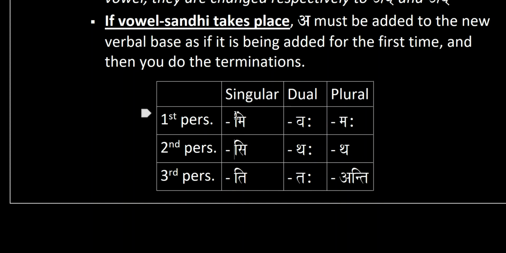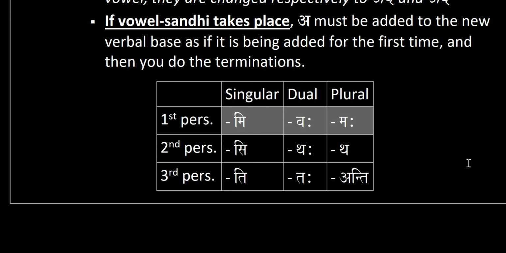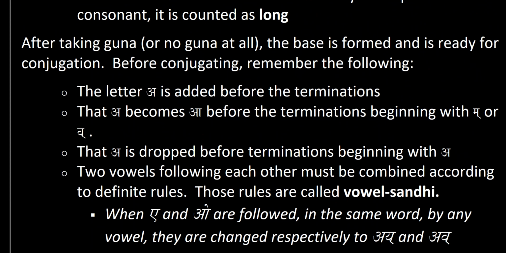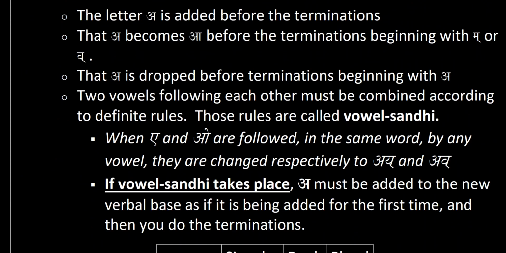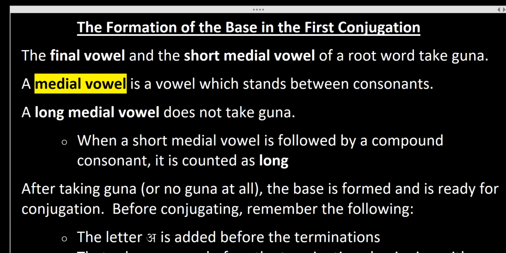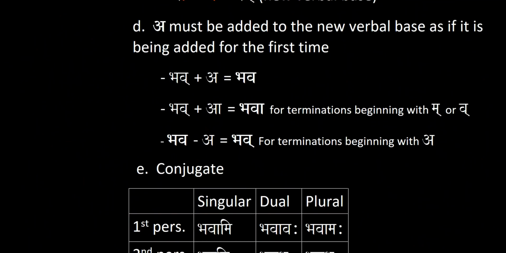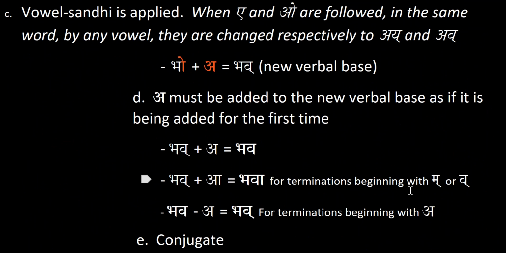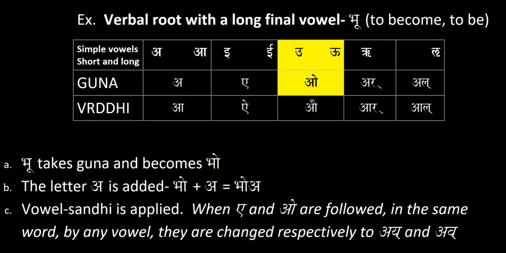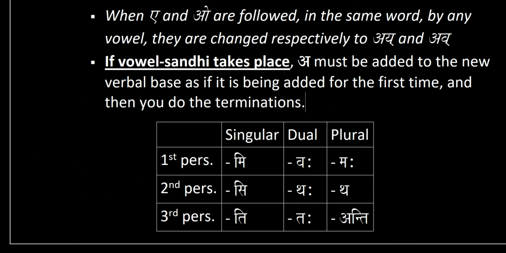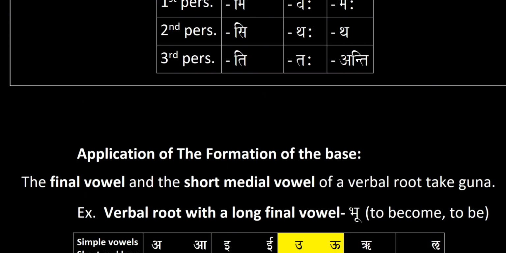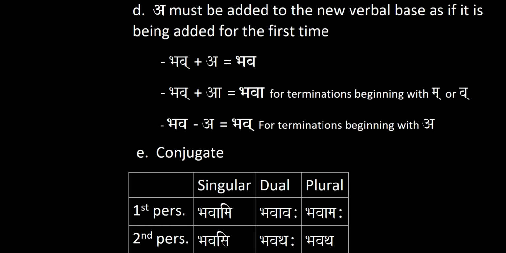Now, the other ones, it wouldn't apply for this, because remember that there is a separate rule for that. And that rule is that for terminations that begin with ma or va, the a becomes long, an a, so it's going to become bhava. And then you would add bhava to the first person singular, dual, and plural conjugation termination endings.